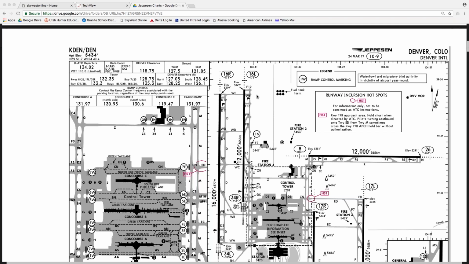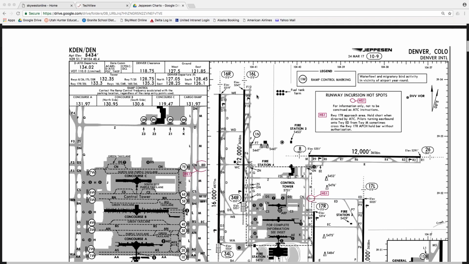Now for the sake of our charts, what are we going to use? ISA plus 15. Why? There's not a 14 chart. What's the other reason? We're going to penalize it with a warmer temperature, right?